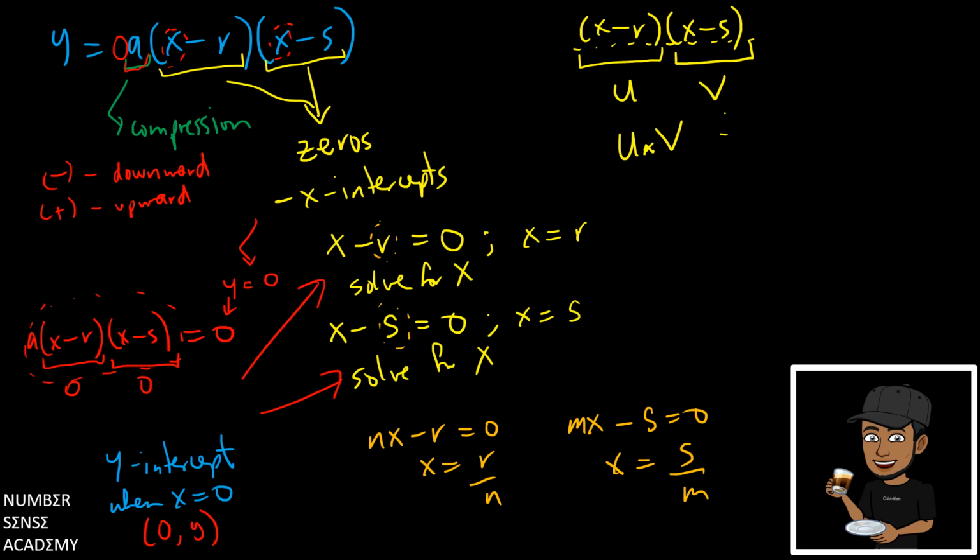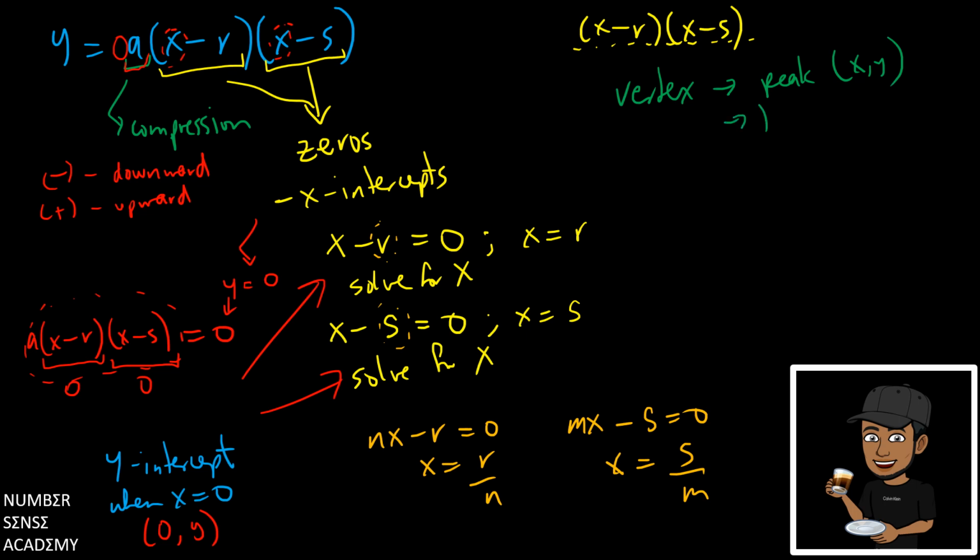Another important factor that we get, I'm going to keep these up here because they help, is called the vertex. So the vertex happens at the peak. So it's a coordinate at the peak or at the trough, so the very bottom. And the way that we get that, we can find the x value of the vertex.